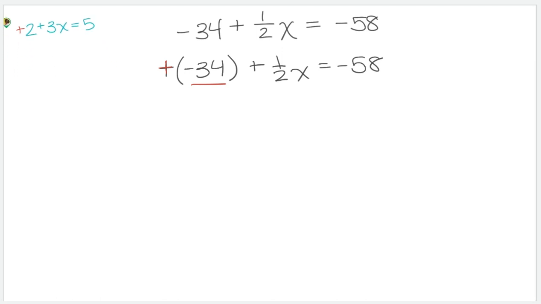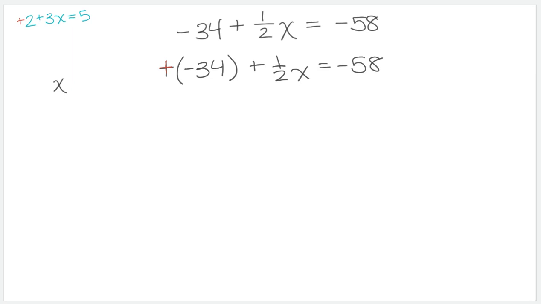The next thing I want to do is think about what is happening to my variable and in what order, so that I know what I need to do to solve for my variable using my inverse operations. I know I want to solve for x, that's my variable, and I need to ask myself, what is happening to my variable first?